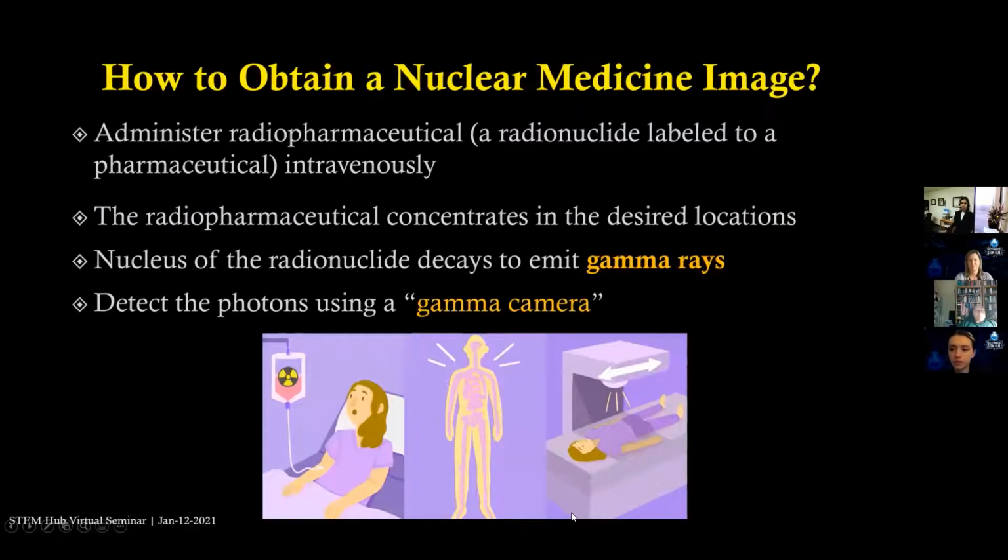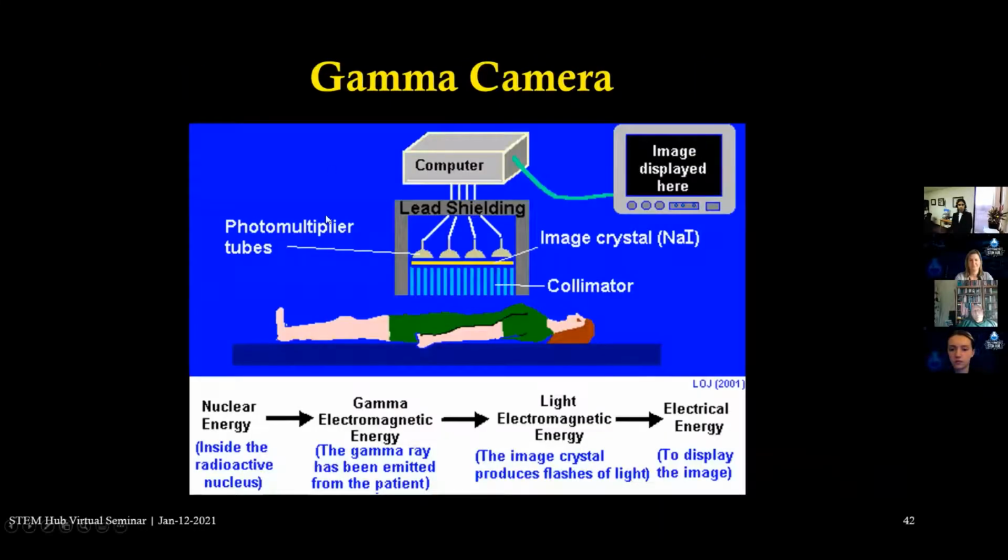Okay, just to reiterate, what's happening in nuclear medicine? We are administering a radiopharmaceutical intravenously, and this radiopharmaceutical concentrates in the desired locations, and the nucleus decays to emit gamma rays. And these gamma rays we are capturing using a gamma camera. And this is typically how the gamma camera looks.